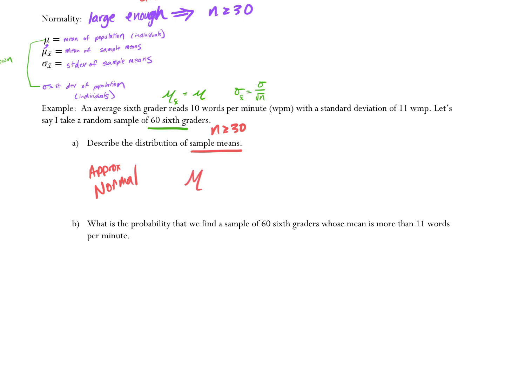The mean of those sample means is going to be 10, because it's going to be the mean of my individuals. The standard deviation of my sample means is going to be smaller. It's going to be 11 divided by the square root of 60, which is 1.42.